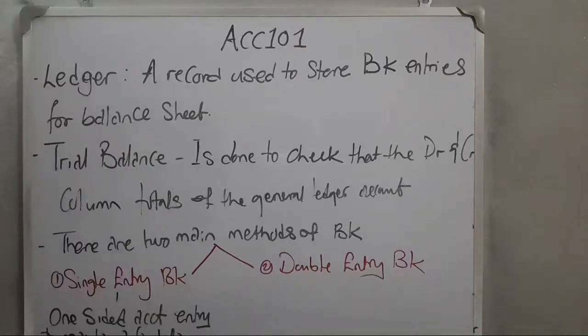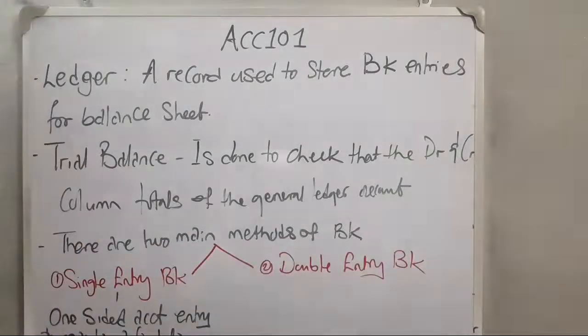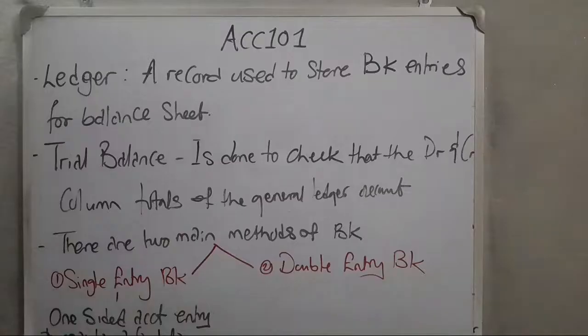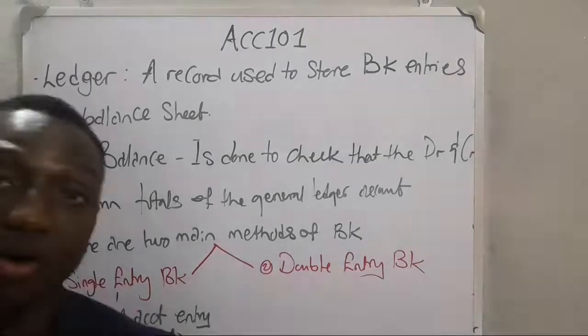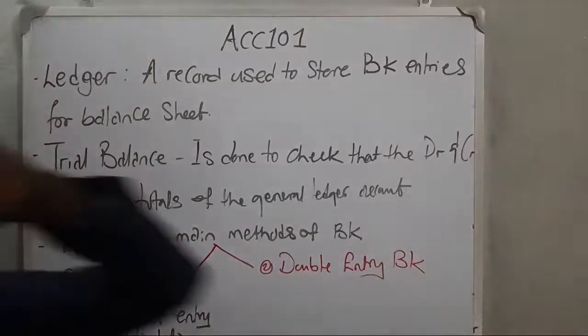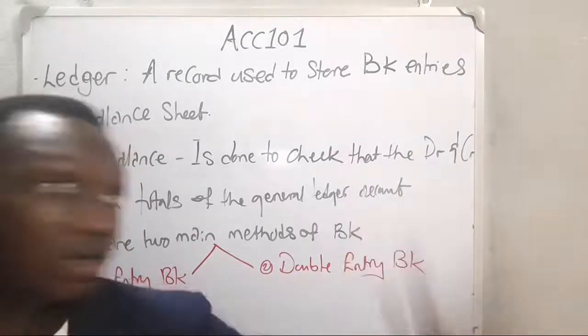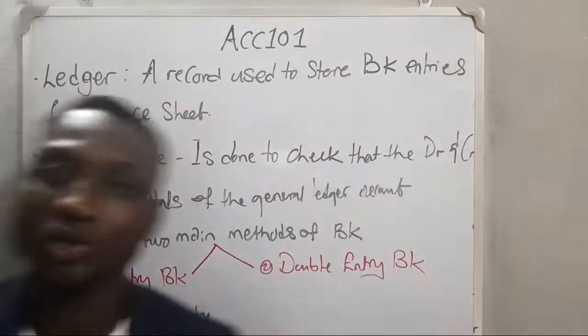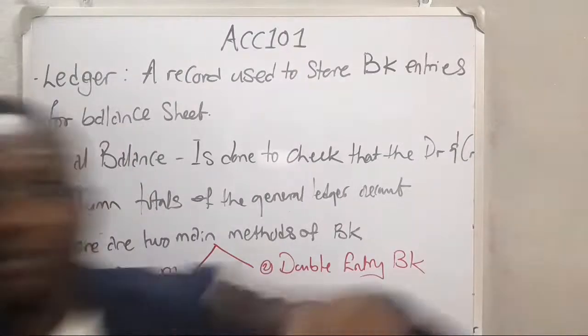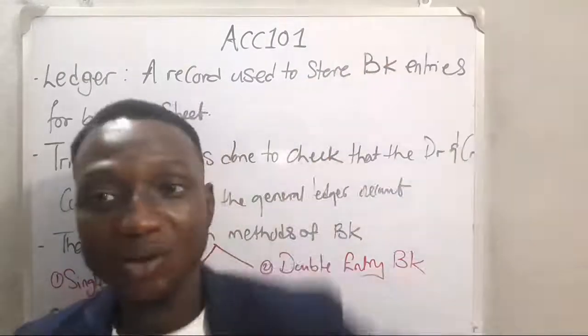And on the other hand, we have the double entry, which relies on two-sided accounting entry to maintain financial information. I think in 200 level, that's why you begin to do more of calculations. In 100 level first and second semester, you are just being introduced to certain things to prepare your mind ahead of 200 level.